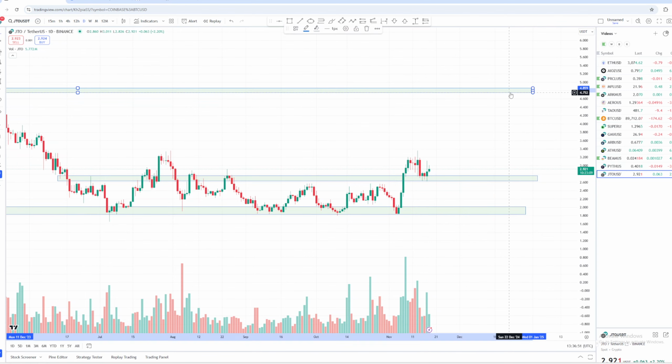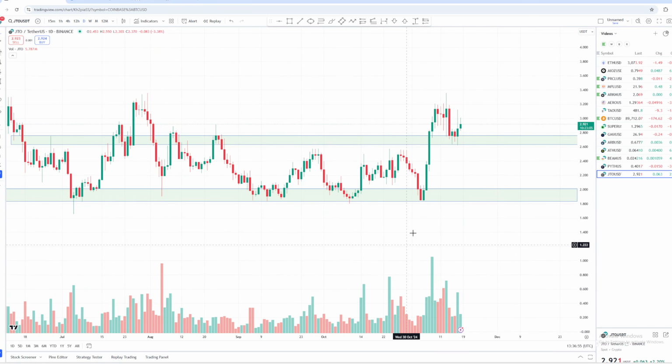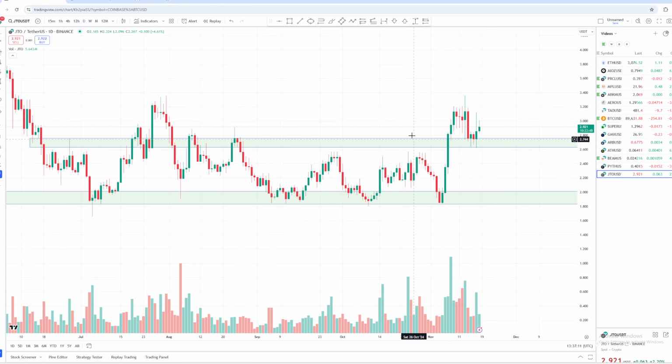So if we just delete this. Now currently we're seeing Giro accelerating under the right conditions on the market. You could see the spike here on the volume, and now it has broken out, retested, and held this breakout level.